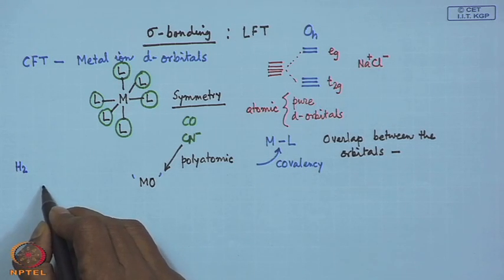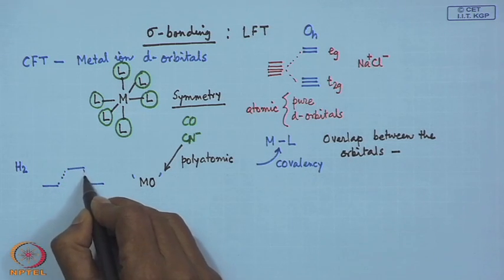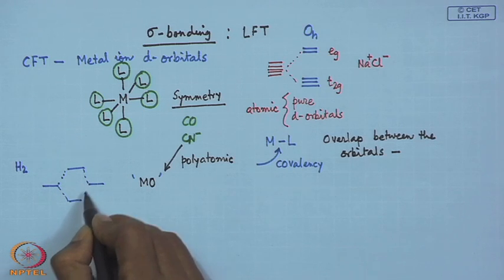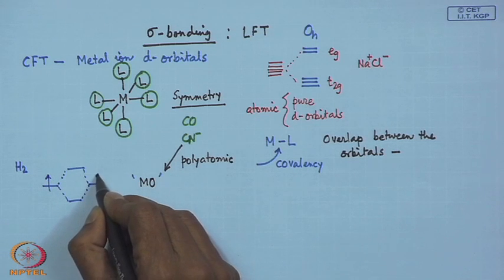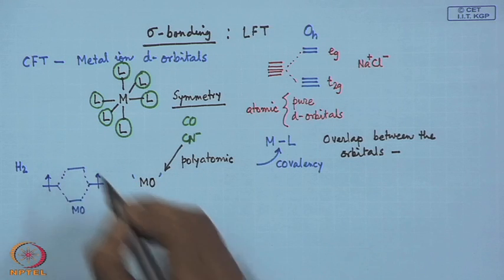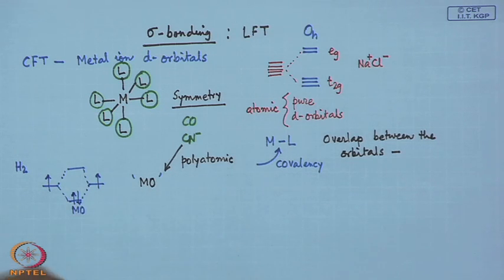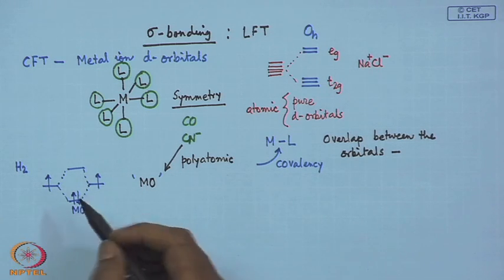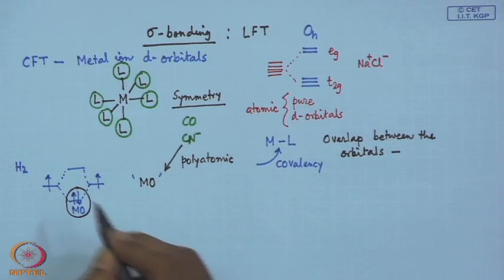For the hydrogen molecule, we can have the molecular orbitals like this. One is the bonding molecular orbital and another is the anti-bonding molecular orbital. So the molecular orbital picture for the hydrogen molecule tells us that these two electrons are present in a level where we have a bonding molecular orbital.